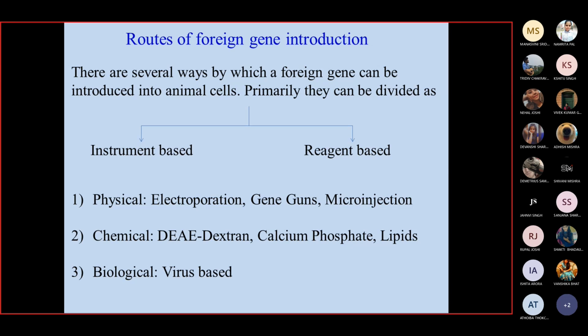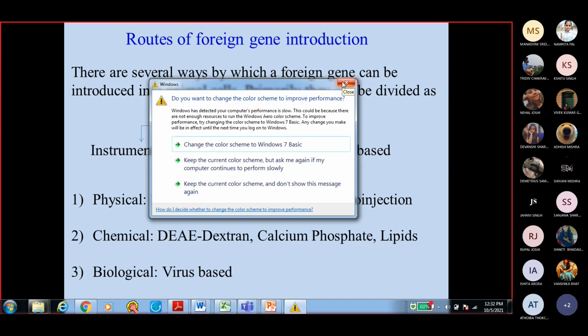In instrument based, you use some instrument to introduce the foreign gene into the organism, could be E. coli, yeast, or mammalian cells. When it is reagent based, by and large, you don't need an instrument. Instead, the reagent has the ability to take the DNA into the cell.